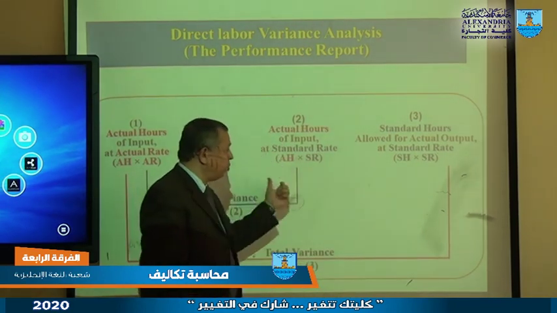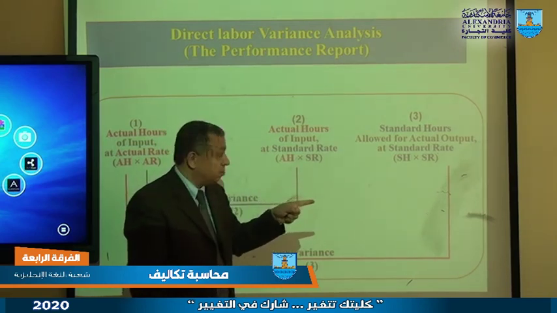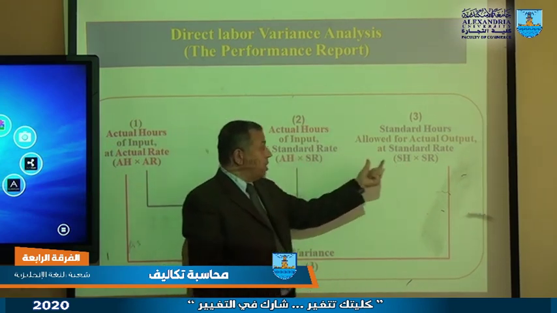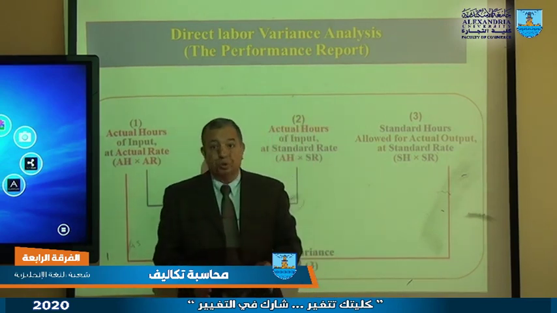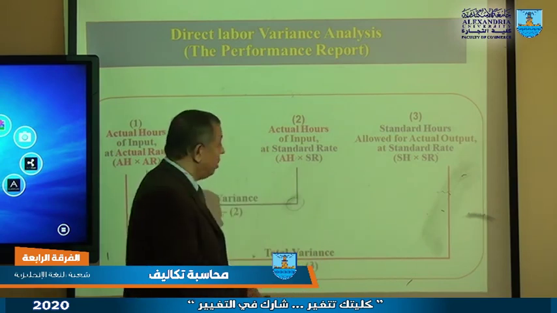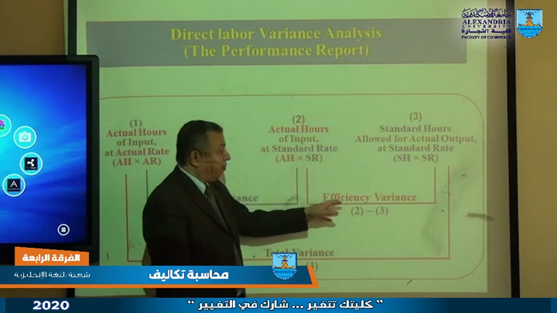So the difference between the two amounts is not rate, but hours. The difference here is the actual hours and standard hours. In direct labor variance analysis, we don't say hours variance, we say efficiency variance. So the difference between 2 and 3 will be efficiency variance.